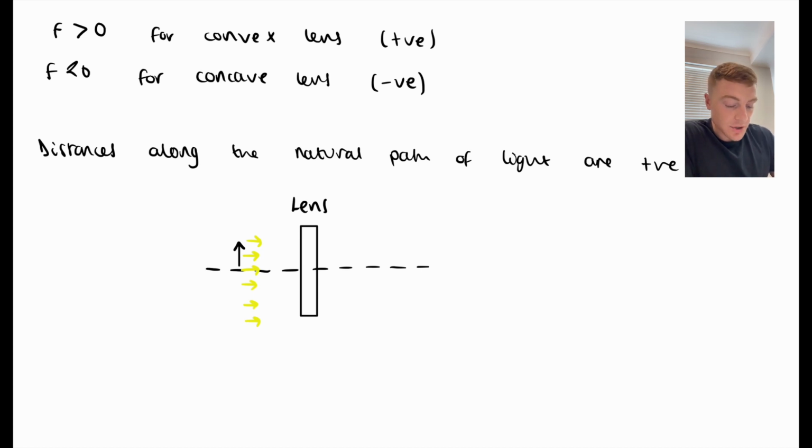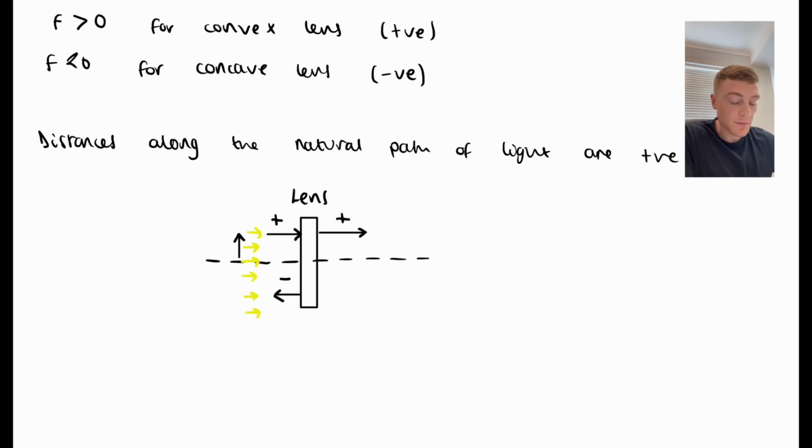Naturally light travels in a straight line, so it's going to travel to the lens. That distance is going to be positive because that's the natural path of light. That light's going to travel through the lens and continue going in a straight line. Well, that's positive. Now any light that we trace back, for example when we're forming virtual images, the natural path of light is to the right, so anything to the left must be negative. Again, don't worry too much about this now, this will make more sense in some calculations.